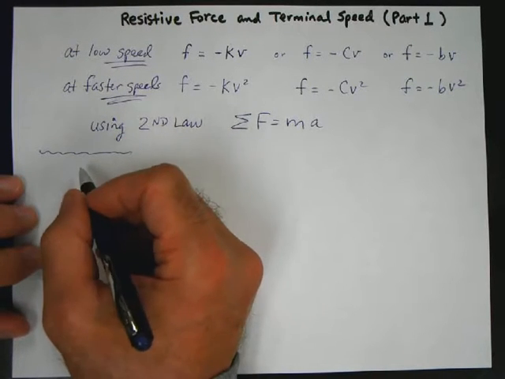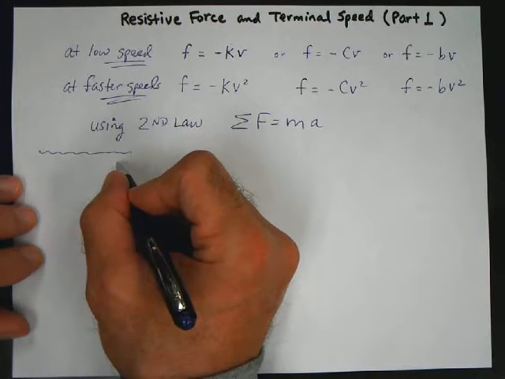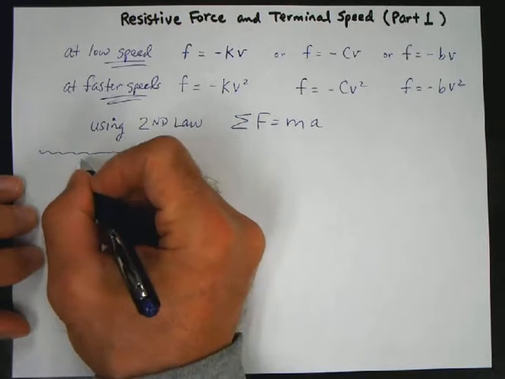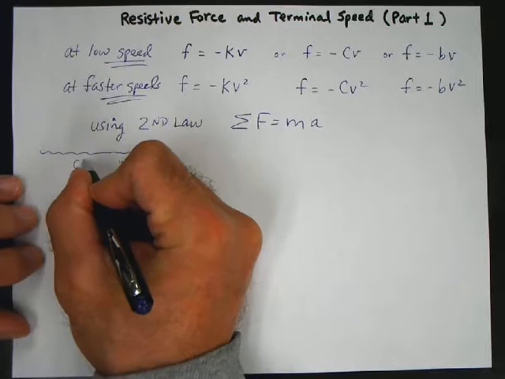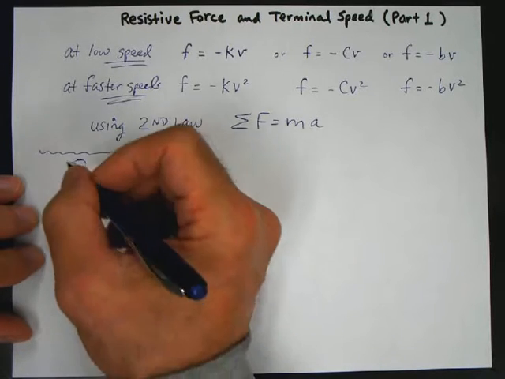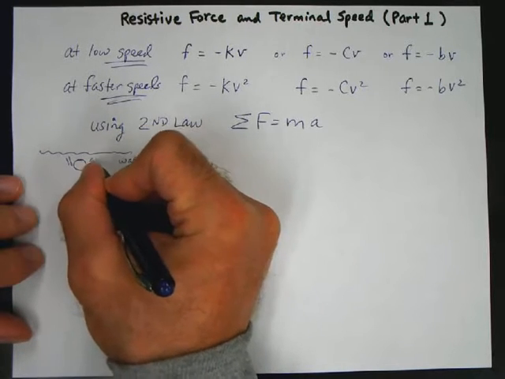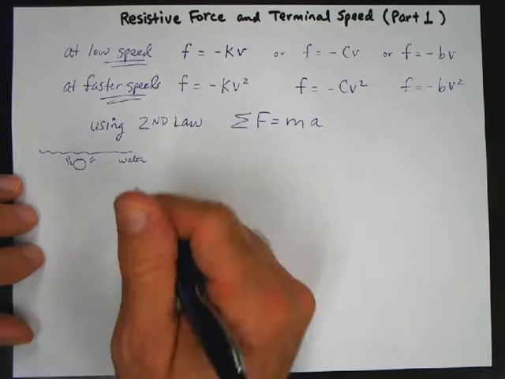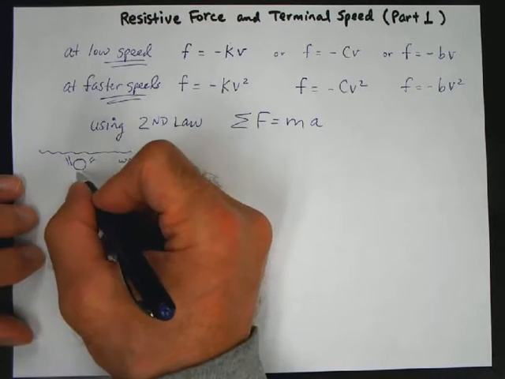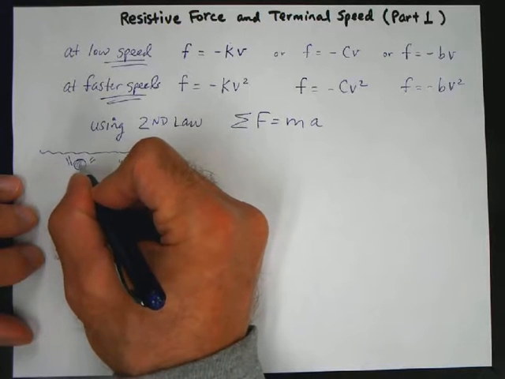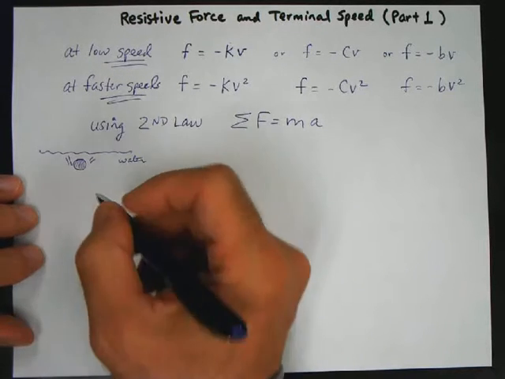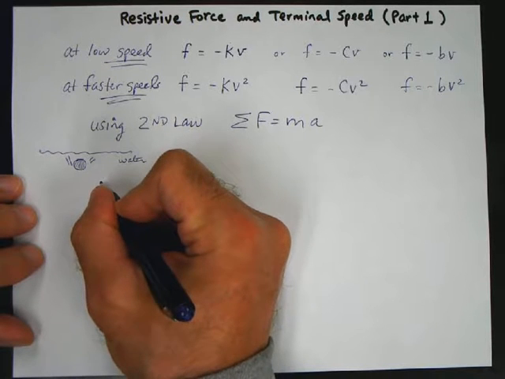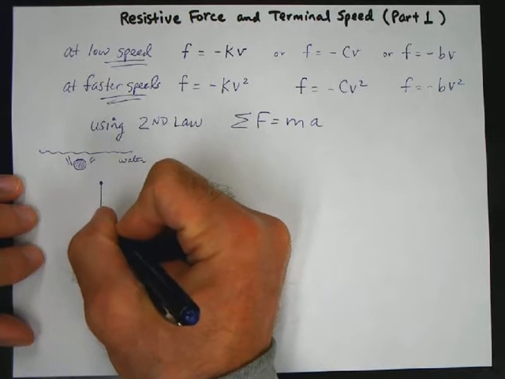Let's say, for example, we have a pearl or something like that, or a lightweight marble, being dropped. Here's some water, and we're dropping the bead or the marble into the water, and it sinks. Let's draw a force diagram for that. So here's the little bead or pearl or whatever.